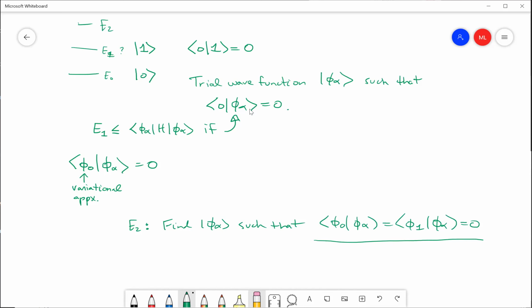But that's rare. It basically doesn't come up very often that you find the excited states using the variational method. The variational method is usually used to find the ground state. But still, you could do it if you wanted.